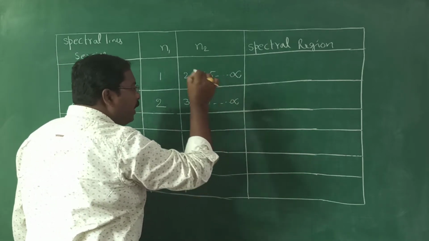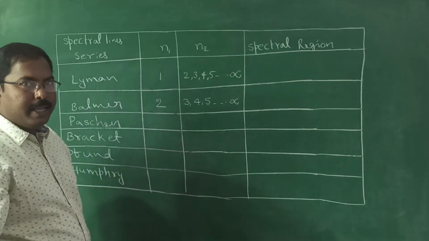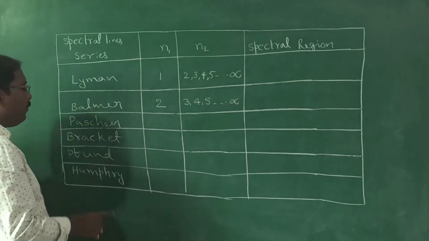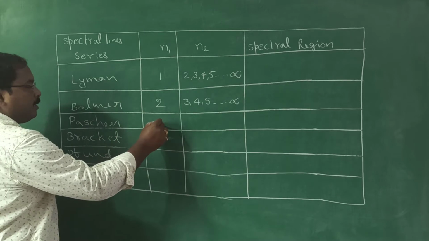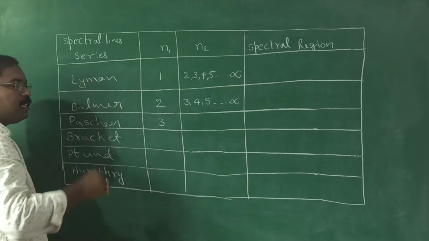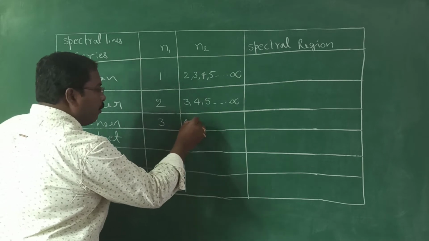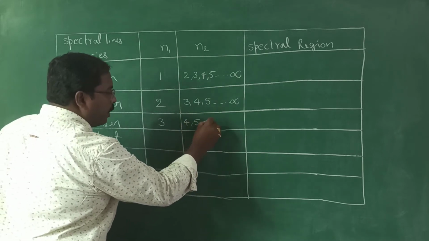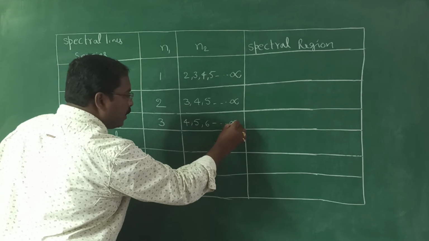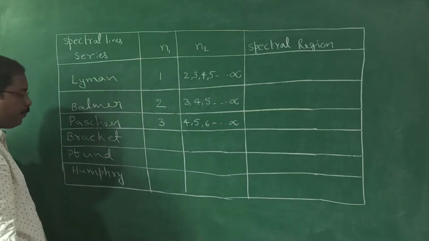It can be from infinity. Now, in the same way, the Paschen series: in this case, the electron jumps into the third orbit from the fourth, fifth, or sixth, from anything up to infinity.